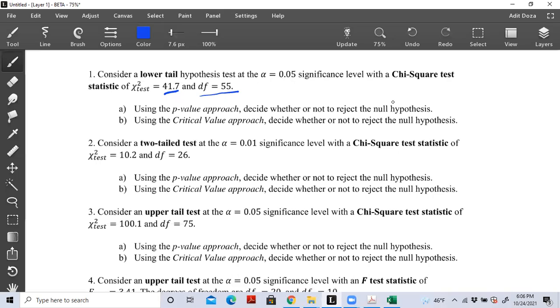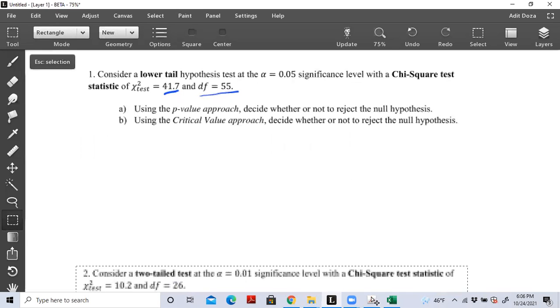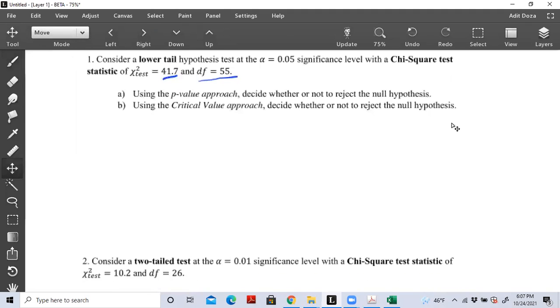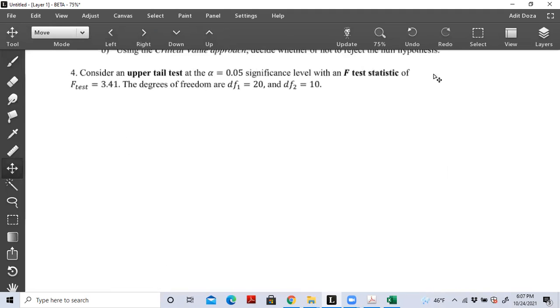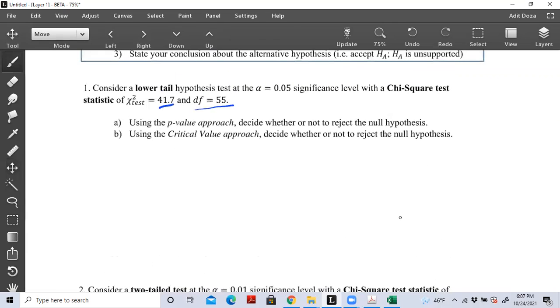Let me write it down. So for the p-value approach, it's the lower tail p-value, because it is mentioned in the question. How do you calculate the p-value?